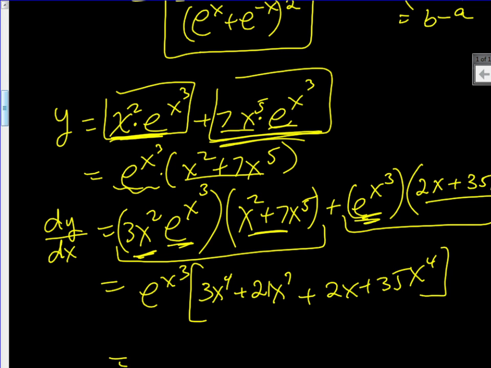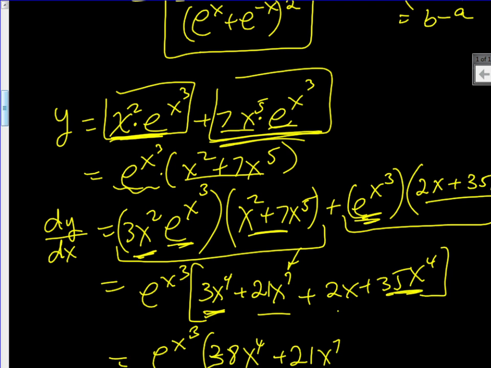And the last step would be to combine like terms. 3 and 35, well, that's 38x to the fourth, plus 21x to the seventh, plus 2x. And that's a nice answer.